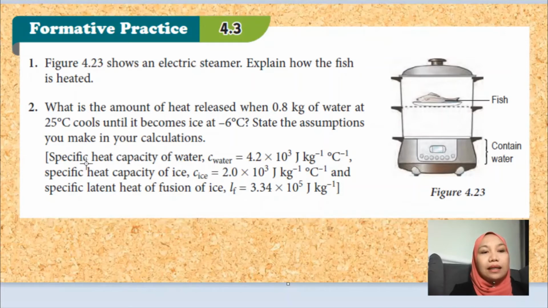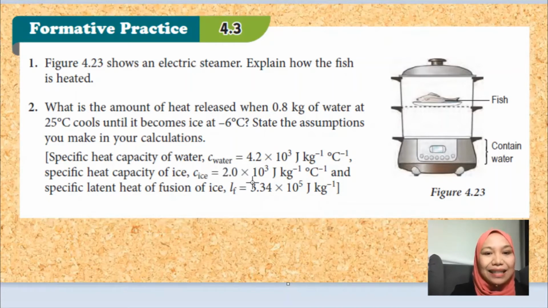In the question itself, it gives the value of specific heat capacity of water and specific heat capacity of ice, and we can compare that the specific heat of water is much bigger compared to the specific heat of ice.